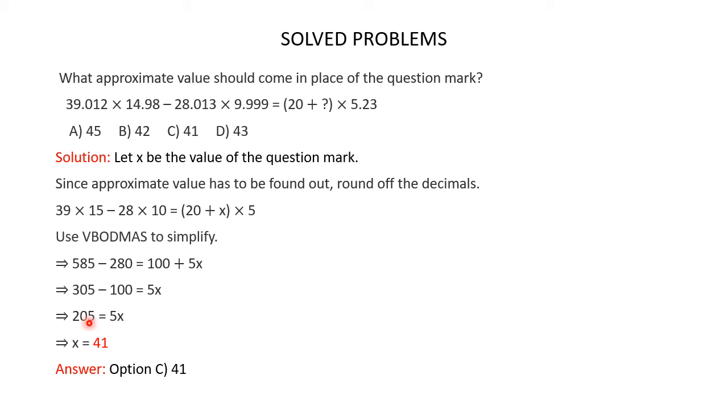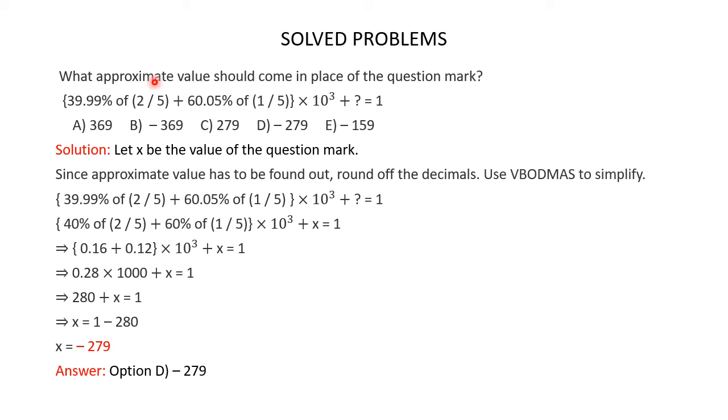So 205 is equal to 5x. So x is equal to 205 divided by 5, which is 41. So 41 is the approximate value that should come in place of the question mark in the given equation. So the correct answer is option C, 41.